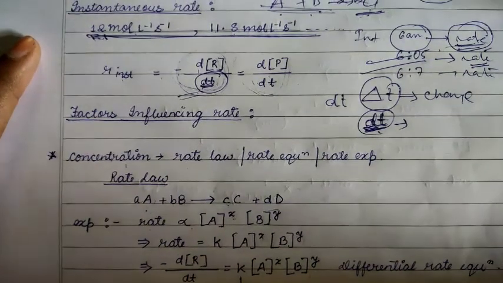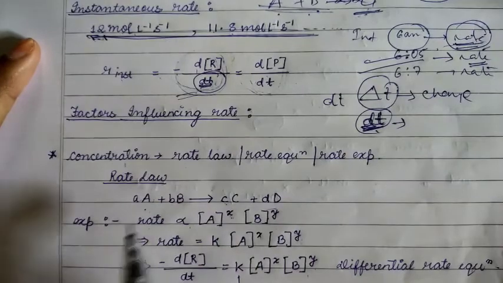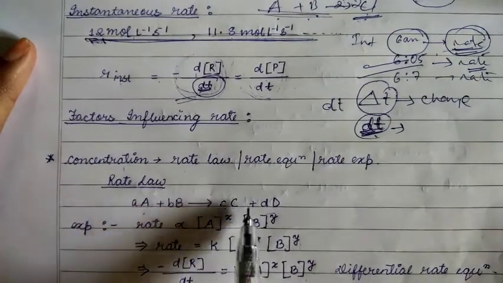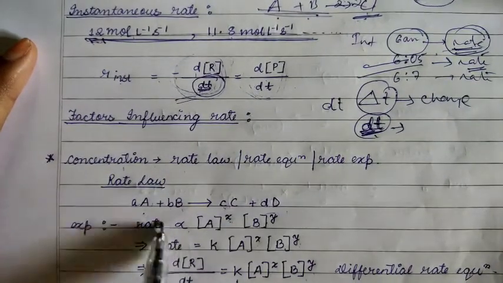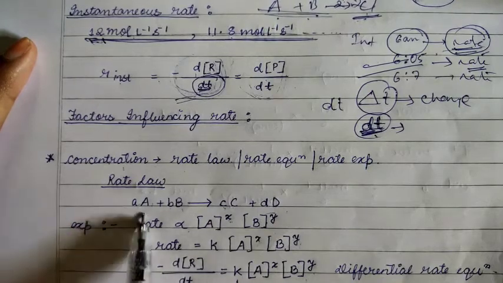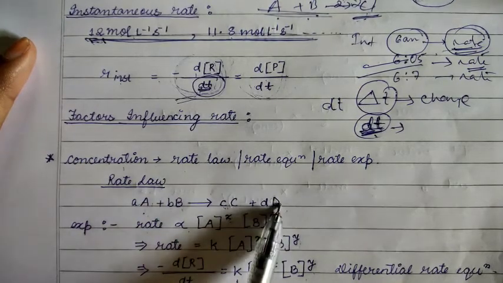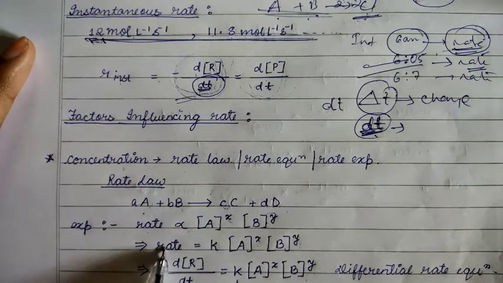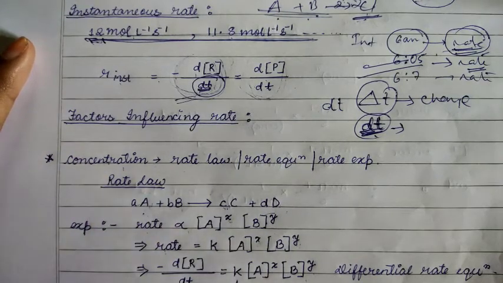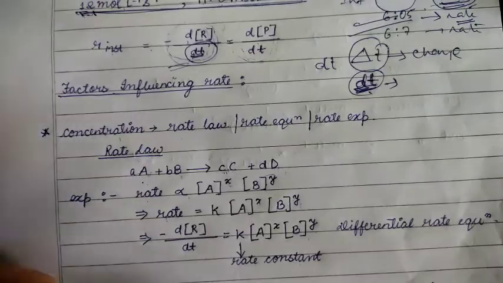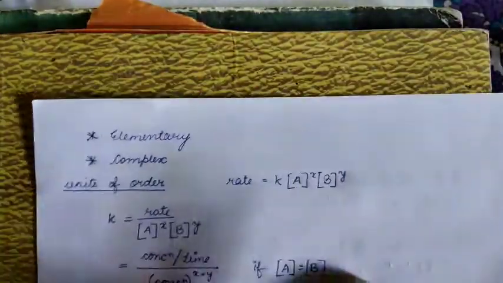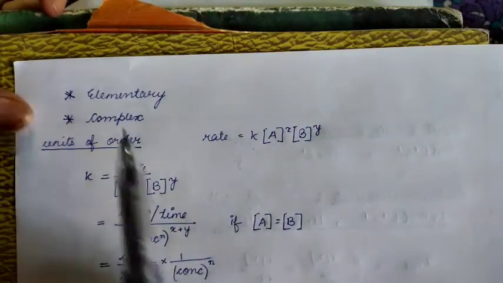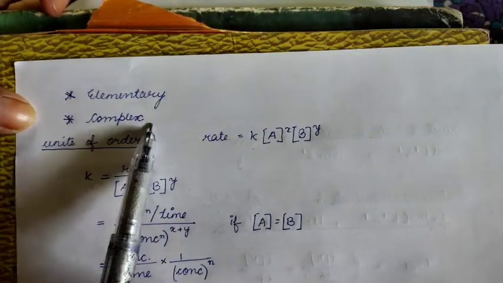Now while seeing the reaction, it is very clear that A and B gives C and D, but you don't know what is happening in the reaction, whether A and B is directly giving C and D, or first of all it is converted to something else, and that product is converted to C and D ultimately. So you don't know. In such cases, there are two types of reactions, that is elementary and complex.